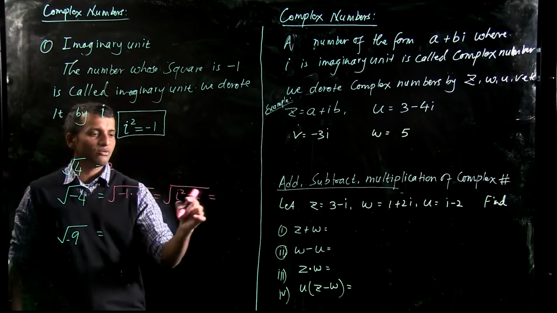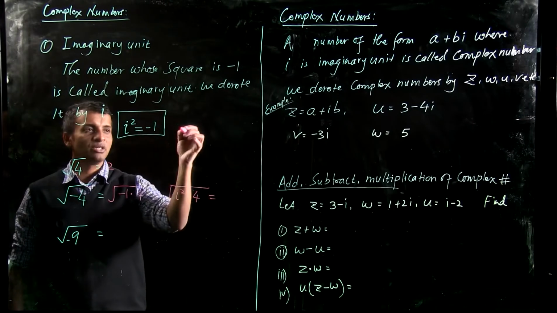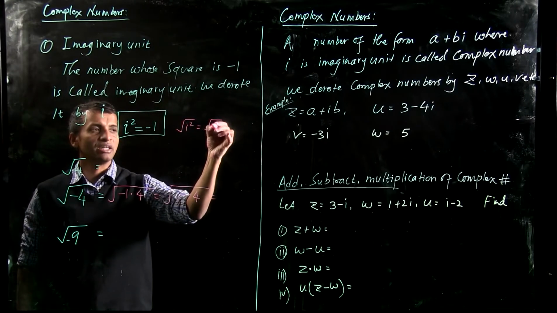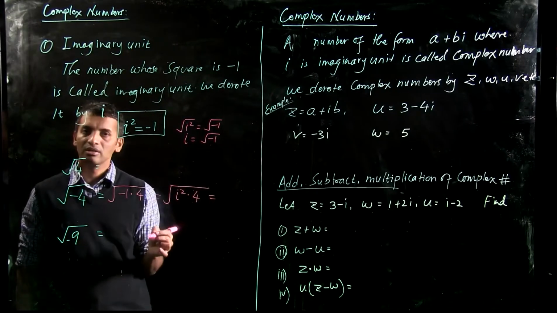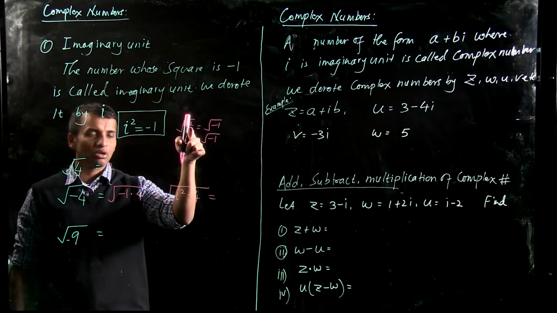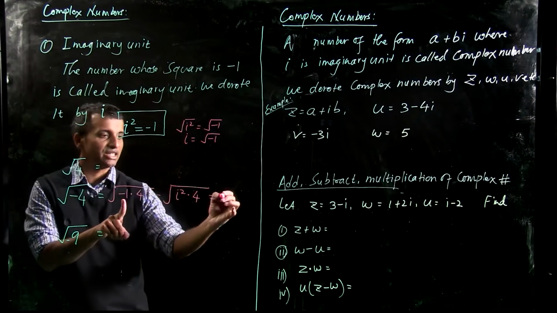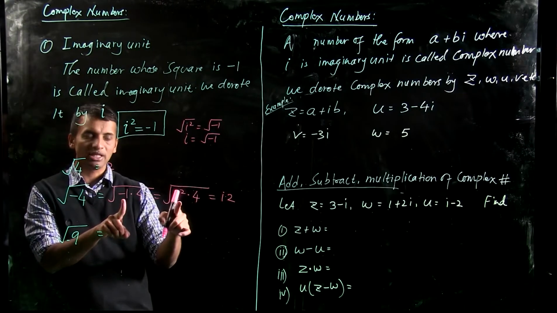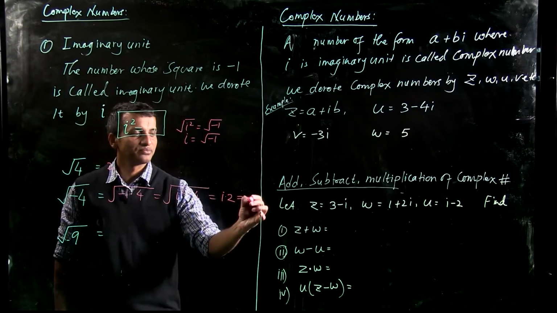The square root of i squared is i, since i is the square root of -1. The square root of 4 is 2. So it is i times 2, or 2i.